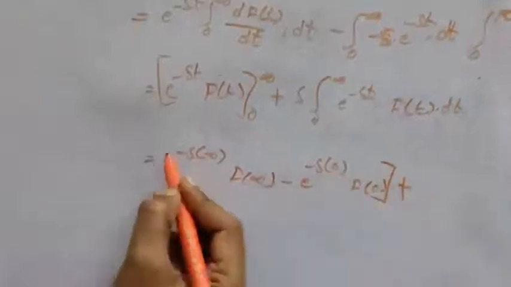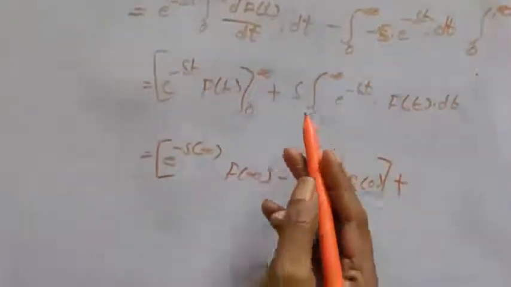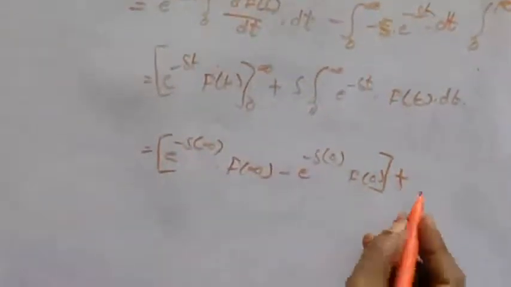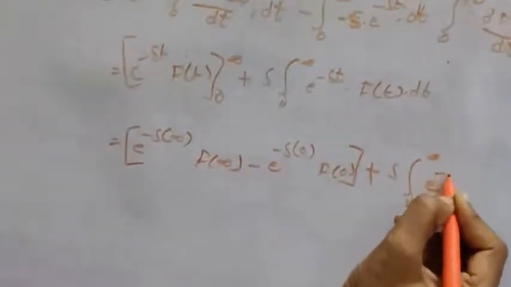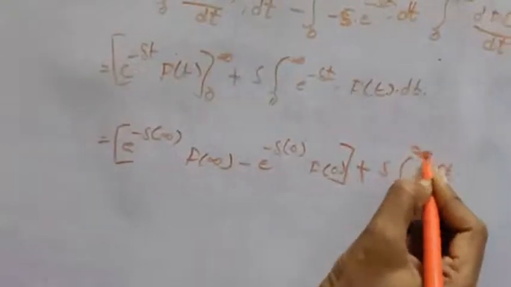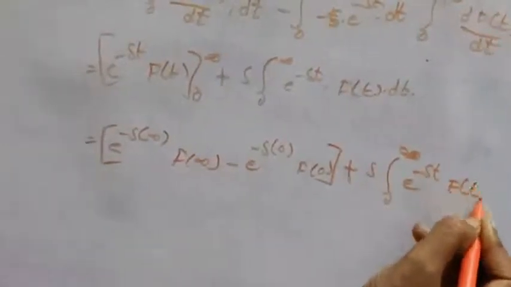Plus, here what will you get? Integral 0 to infinity e power minus st f of t into dt.